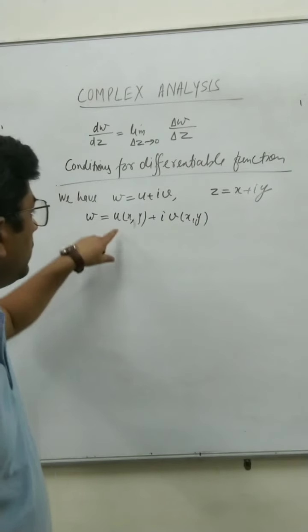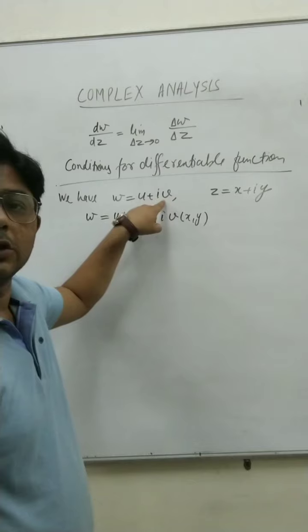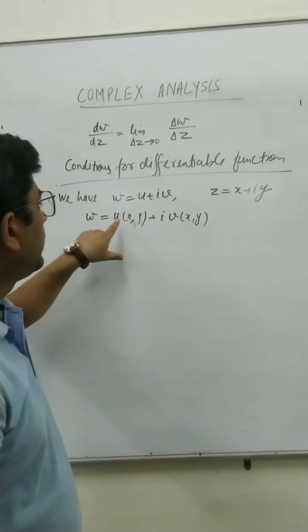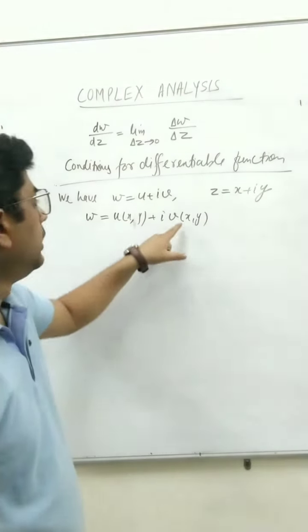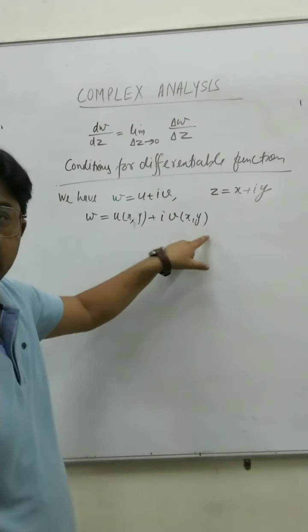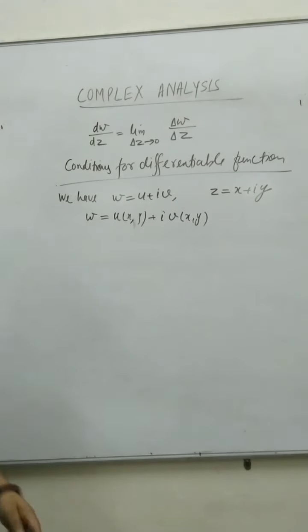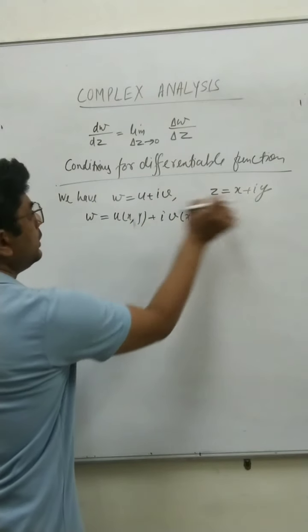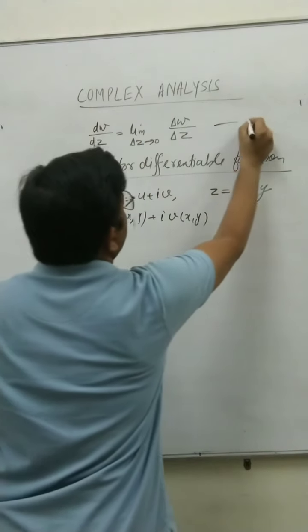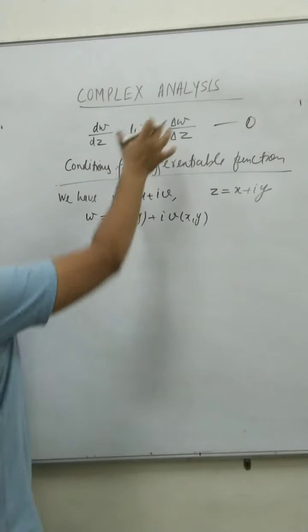We can write u as u(x,y) and v as v(x,y). In short, we write w equal to u plus iv. So we are putting these values in this definition of the derivative. Suppose this is equation number 1.